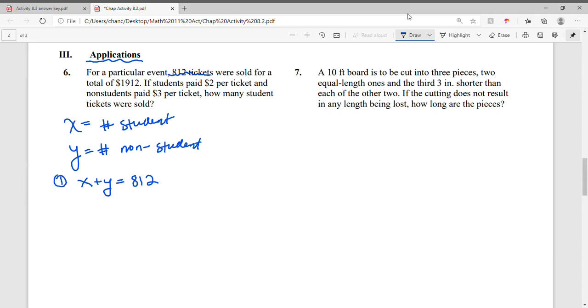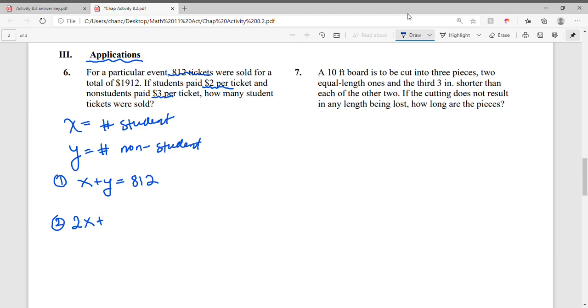Now to generate our second equation, we know that the students paid $2 per ticket and the non-students paid $3 per ticket. That means in order to figure out how much money we get from the students altogether, we're going to take 2 and multiply it by the number of students. That's 2x.